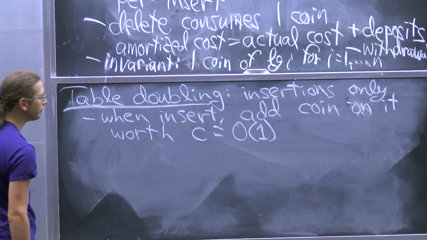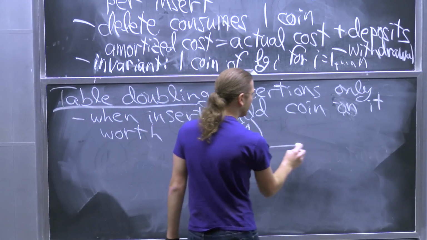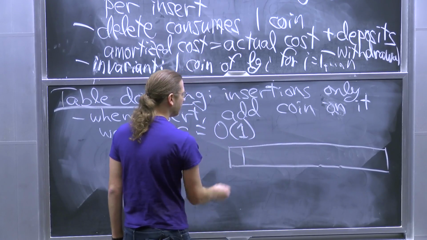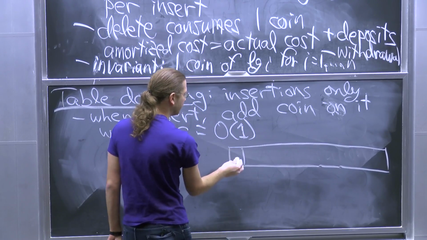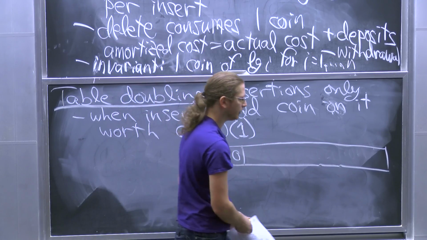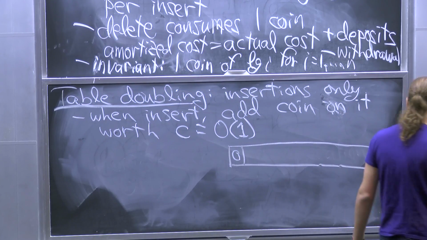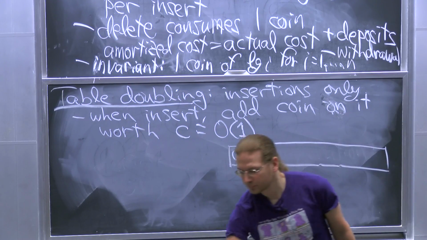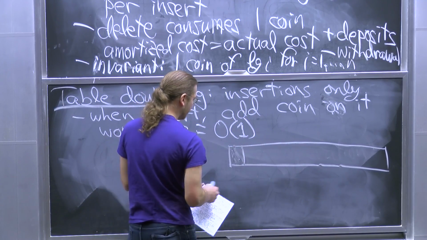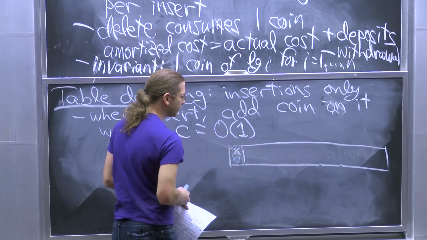So here's kind of the typical array. We start with an array of size 1, and we insert a single item here, and we put a coin on it. So I insert some item x, and I put a coin on that item.